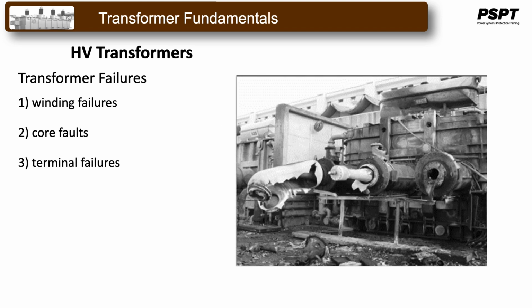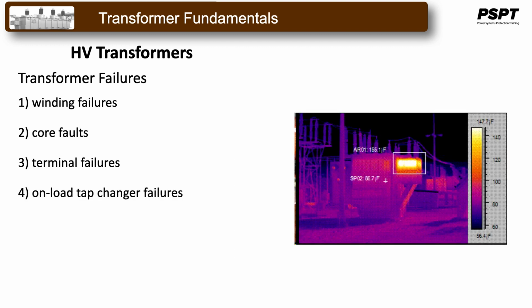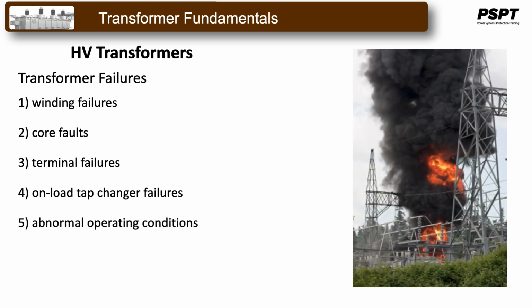Terminal failures, open leads, loose connections, short circuits. On-load tap changer failures, mechanical, electrical, or short circuit overheating. Abnormal operating conditions, overfluxing, overloading, overvoltage. And external faults, which could lead to overloading.